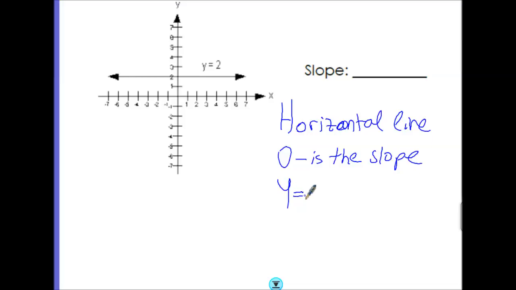Equation of a horizontal line is going to be y is equal to a number. In this case, because it's passing through 2, the equation is y is equal to 2. Is the equation of the line. Our slope is 0.